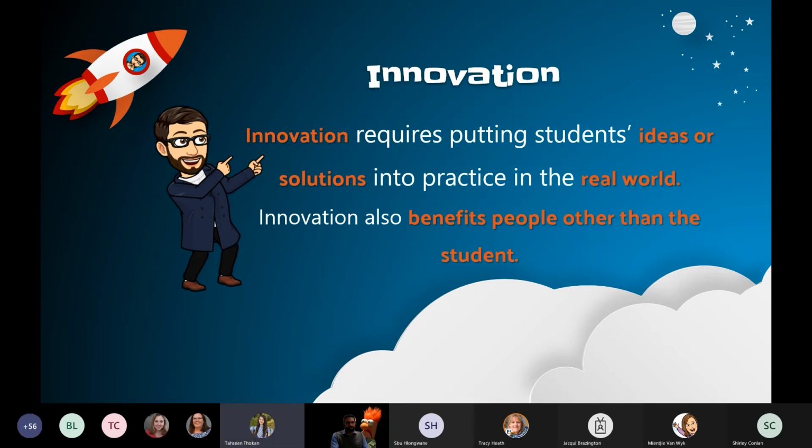And then innovation also benefits people other than the student. How can they take this and make it for people beyond their classroom? So it's not just in their little bubble, but goes far beyond what their classroom can offer. And that is the key when looking at innovation.